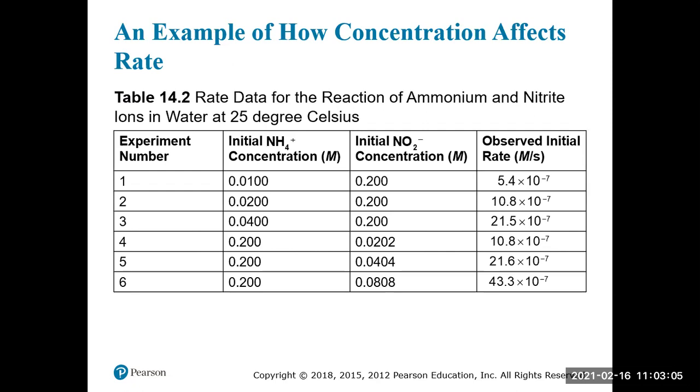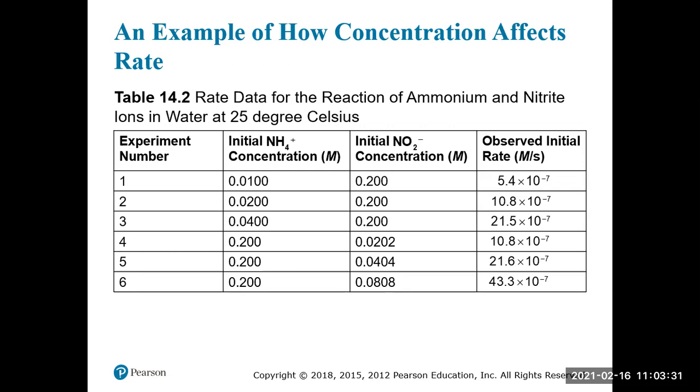We change the NO2 minus concentration from 0.02 to 0.04 to 0.08. So once again, we're doubling it from 0.02 to 0.04, and then doubling it again from 0.04 to 0.08.